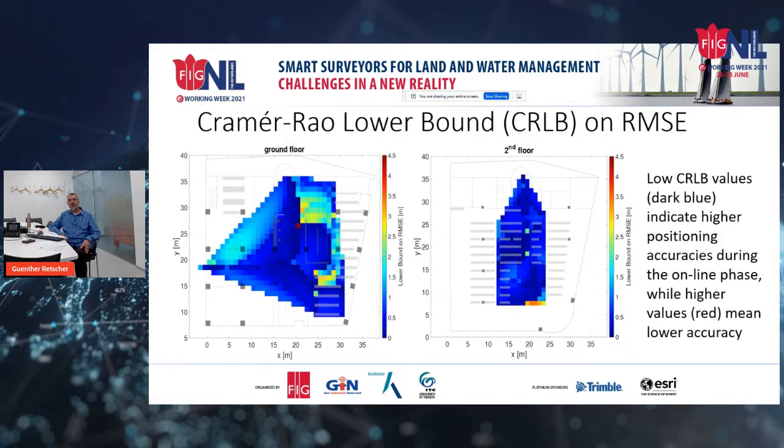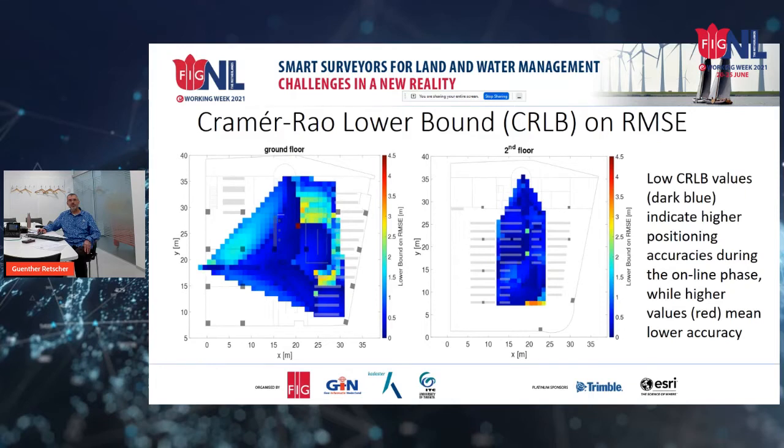To have a closer look, a more detailed look on the positioning accuracy, we have calculated the Cramér-Rao lower bound on the root mean square error. You can see it on the left for the ground floor and on the right for the second floor. So the low values in dark blue indicate higher positioning accuracy during the online phase, while the higher values in red mean lower accuracy.